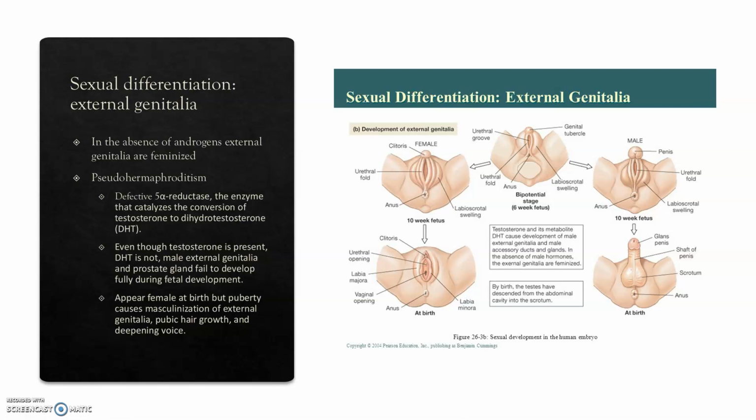And since DHT is not present, the male external genitalia and prostate gland fail to develop fully during fetal development, and this fetus appears female at birth, but during puberty, masculinization of the external genitalia occurs. You see pubic hair growth and deepening of the voice. And this is what we call pseudohermaphroditism.